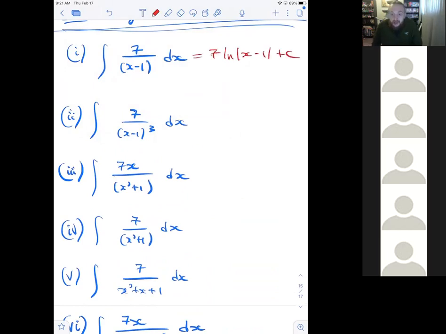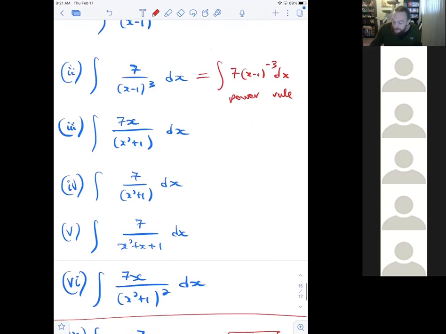That one's done. What's this one? We could just read off a few of them. This one's going to take some work. This one's just the power rule. This is equal to the integral of 7 times x minus 1 to the negative 3 dx, power rule. That one's easier, even easier. This one is substitution, and then you're going to get natural logarithms.